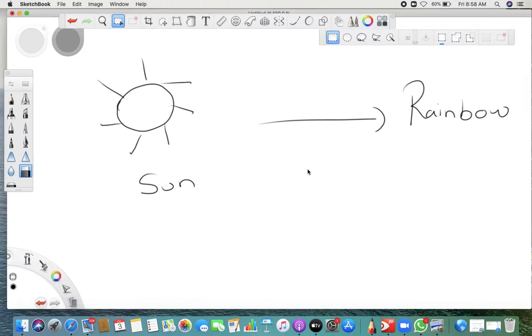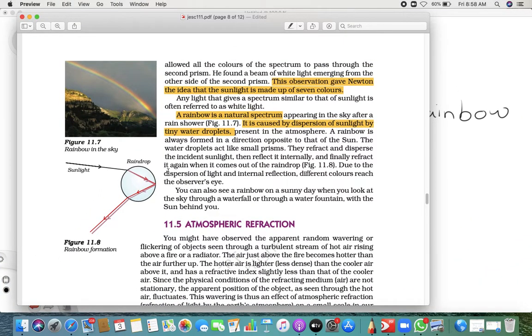For a rainbow, dispersion is needed, meaning the 7 constituent colors have been split. That's why sunlight is required. Many times rain happens, but do you ever observe a rainbow? No. So certain conditions are required, and only then does a rainbow form.